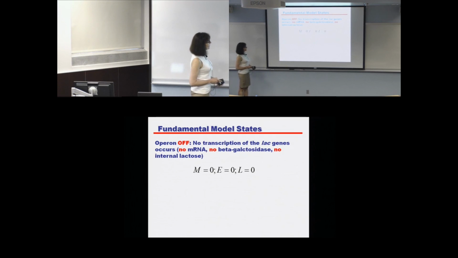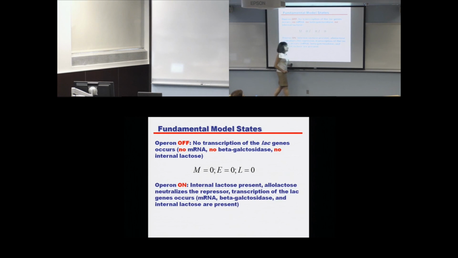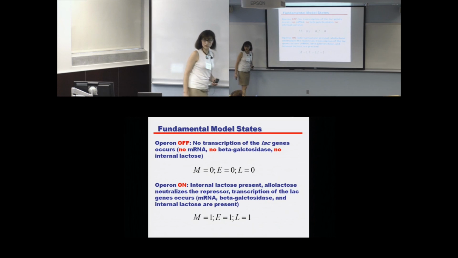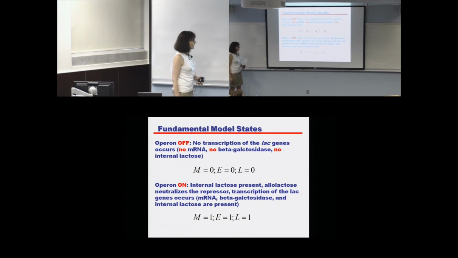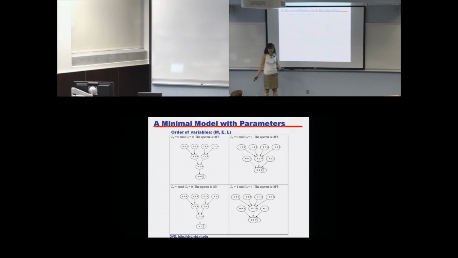Because this is when the operon is off. No enzymes, no messenger RNA, no internal lactose. And this is when the operon is going to be on. And here, because we have 4 different combinations for the parameters, we have to look at 4 different cases. And these are the cases.